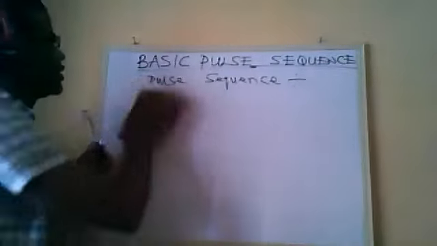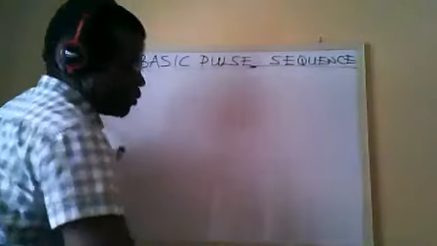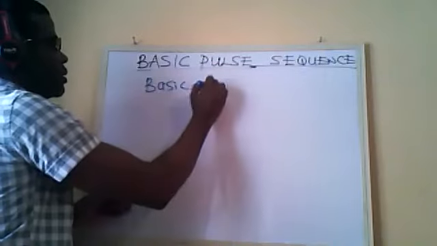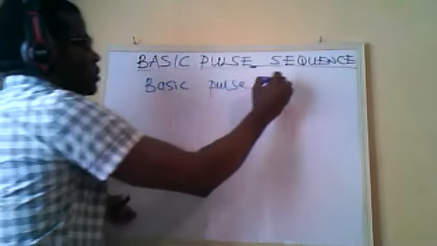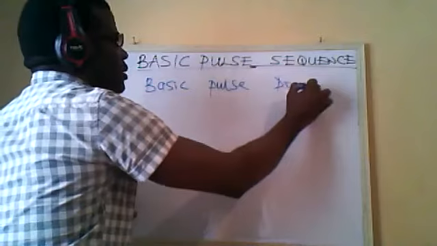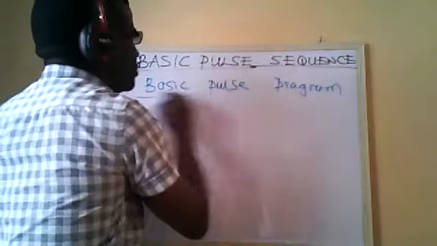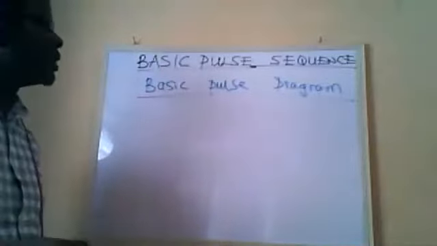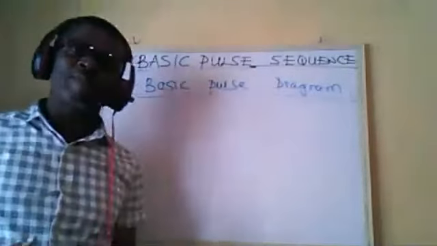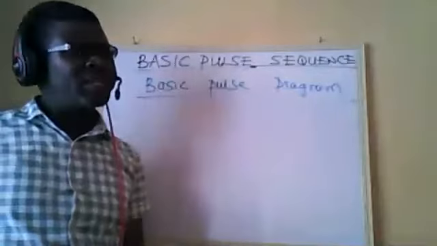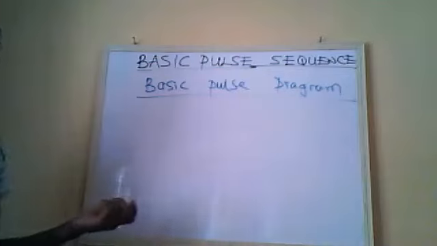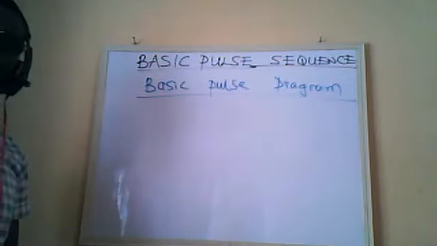Okay, before then, let's look at the basic pulse diagram. Everything we'll be doing under pulse sequence requires an ability for us to understand or depict what is happening at every point in time.